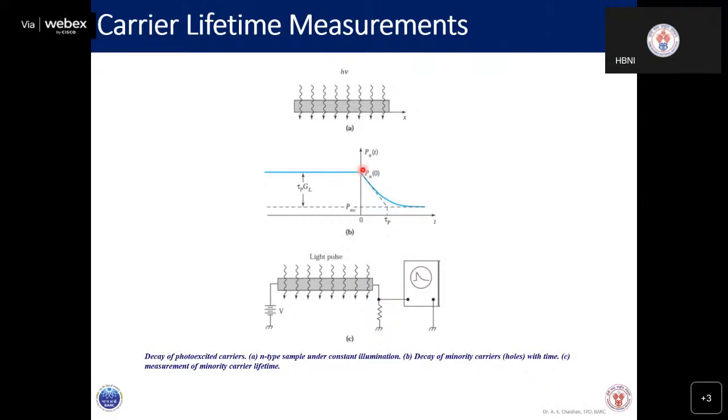As the carriers start recombining, the current will start to fall, because slowly fewer and fewer carriers are available in the conduction band. So the current will follow this path. By recording this path, you can easily calculate the lifetime of the carriers in the conduction band.